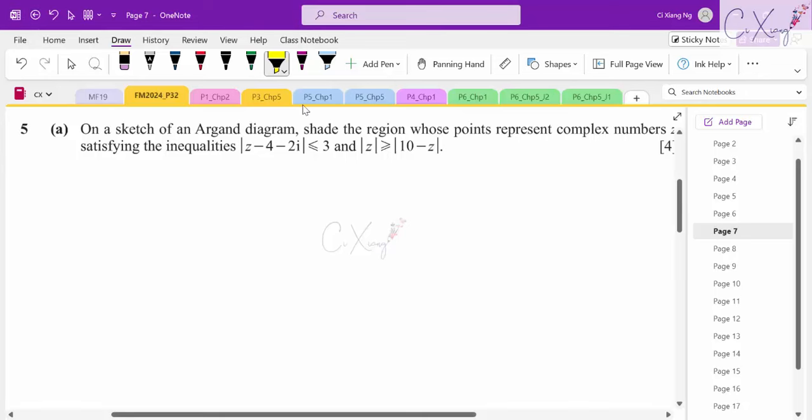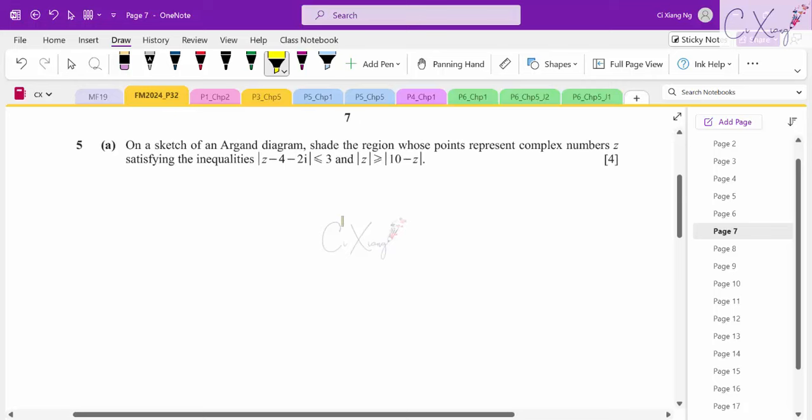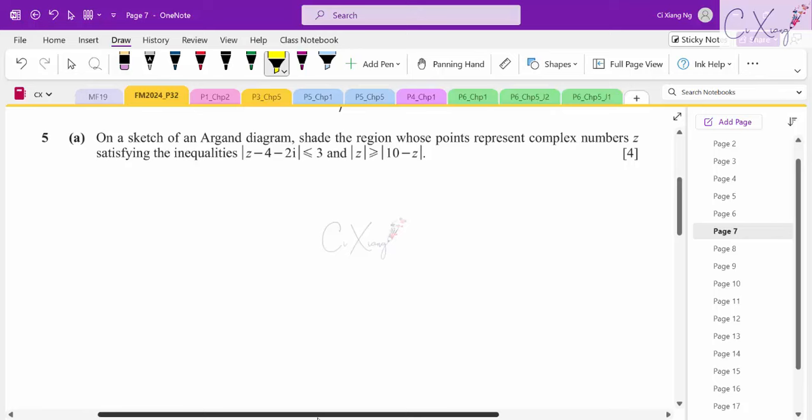Question number 5. They want us to sketch on an Argand diagram for these two inequalities and also shade the region. Let's have a look at the first inequality first. For this first inequality, I need to change it to the pattern of modulus z minus a complex number smaller than or equal to 3.